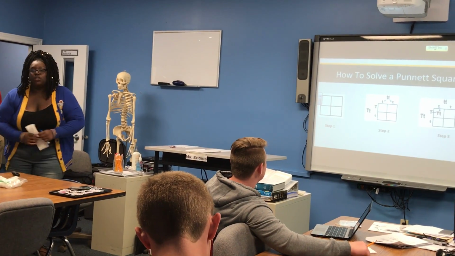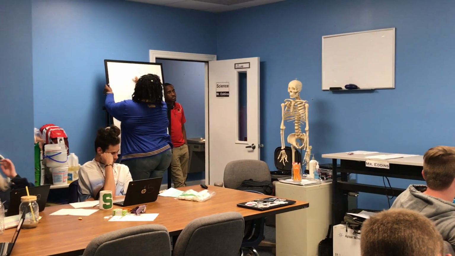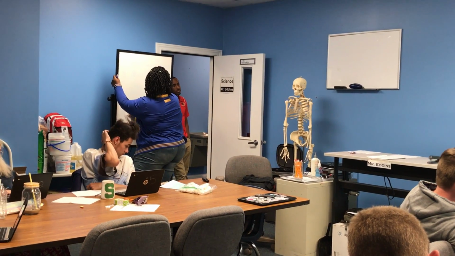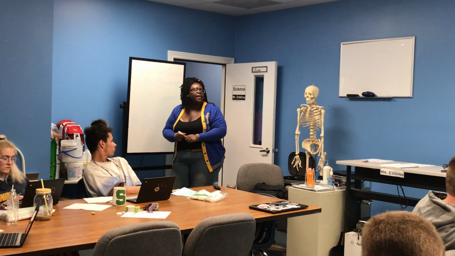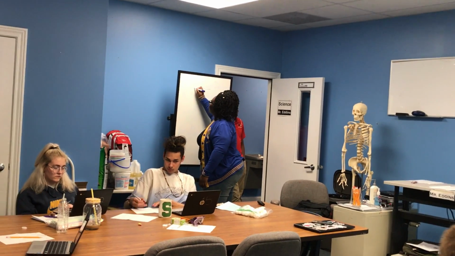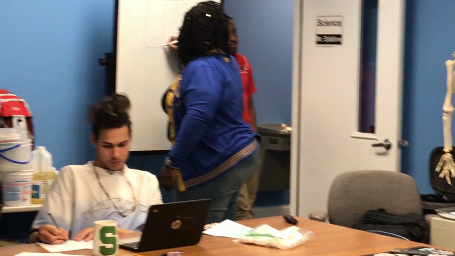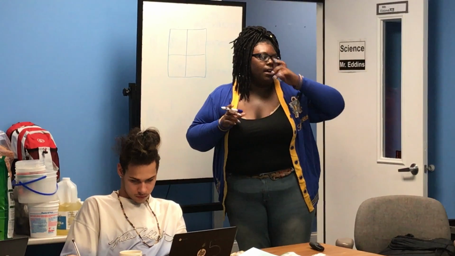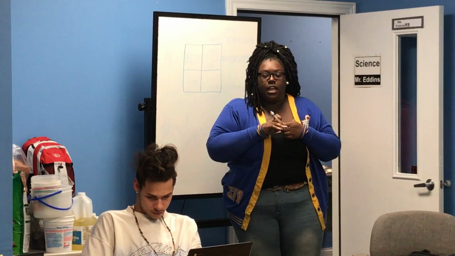Okay, so now I'm going to show you how to solve a Punnett square. So the first step is simply to make a box with 4 squares. So I'm going to draw it like this. Step 2 is to determine which traits you're going to use to cross to find the next generation.